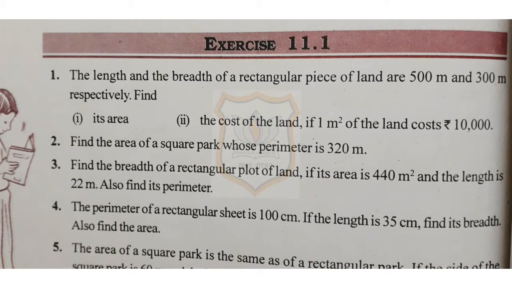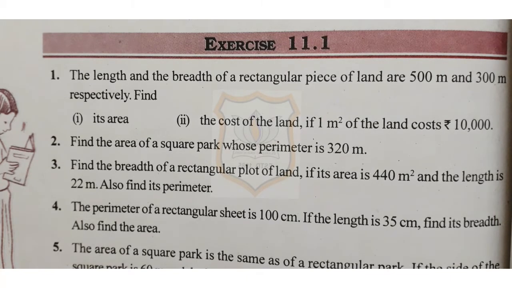First question of exercise 11.1 is, the length and the breadth of a rectangular piece of land are 500 meter and 300 meter respectively. Find, first part, its area. It means you have to find out the area of the rectangular piece of land, and the formula is length into breadth.